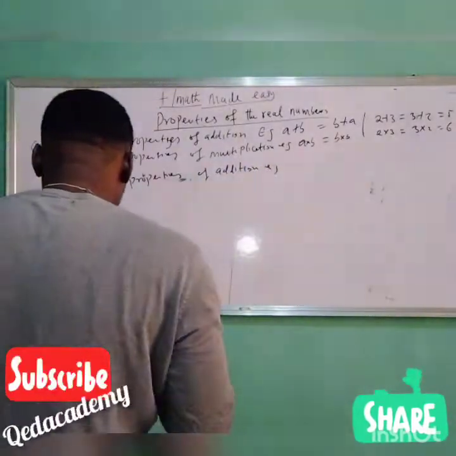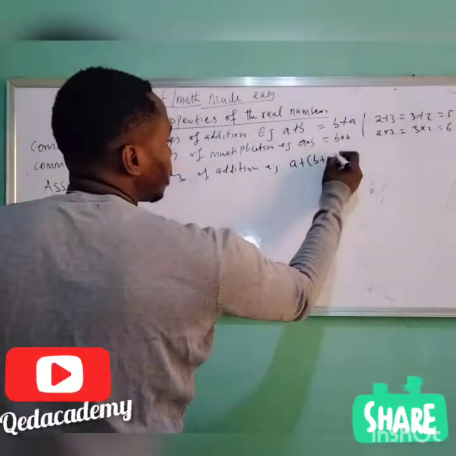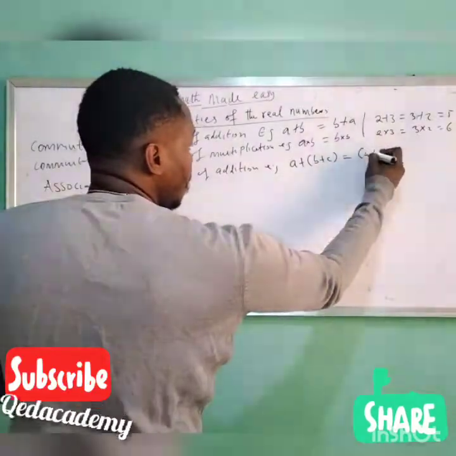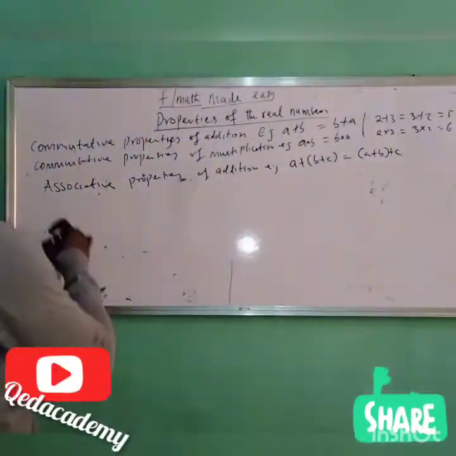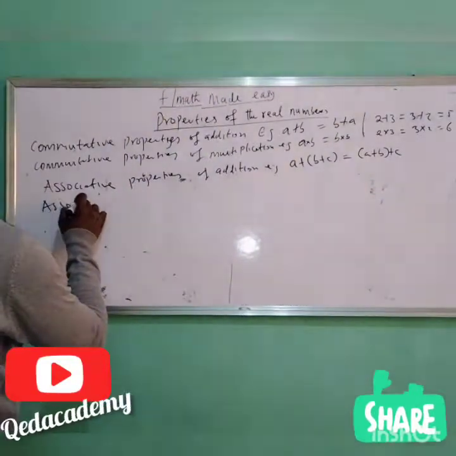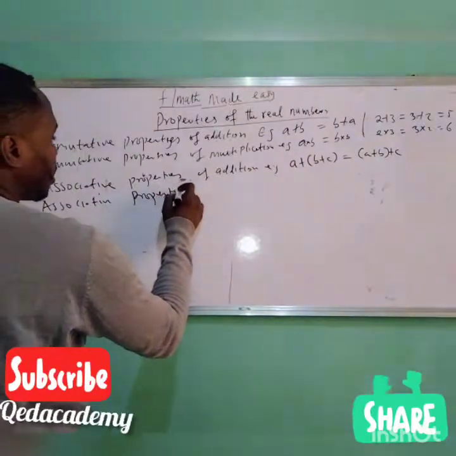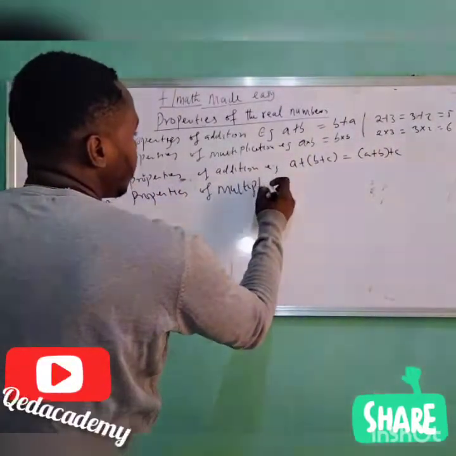An example of this will simply be a plus b plus c, same thing as a plus b plus c, with the brackets grouped differently. And let's look at the associative properties, please pardon my writing, of multiplication, right?